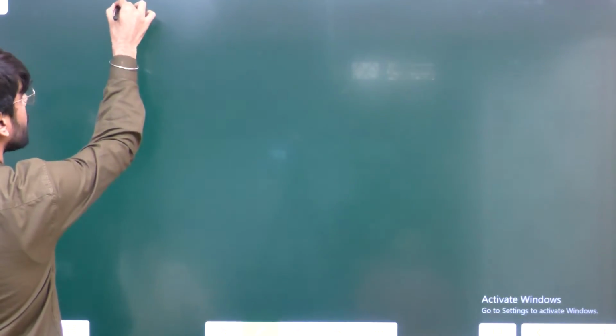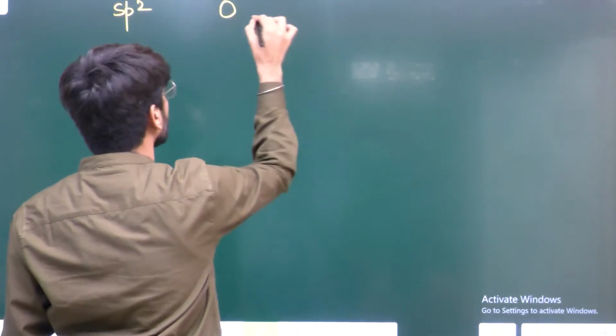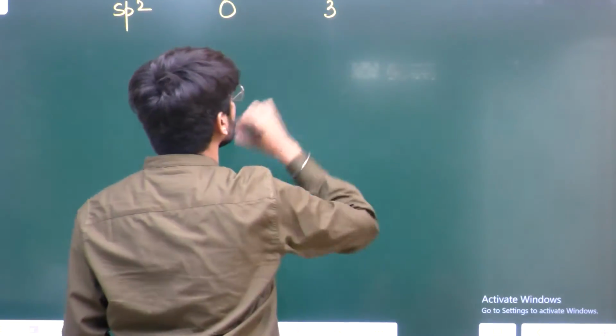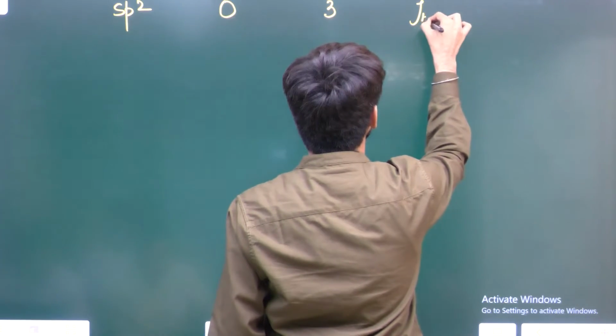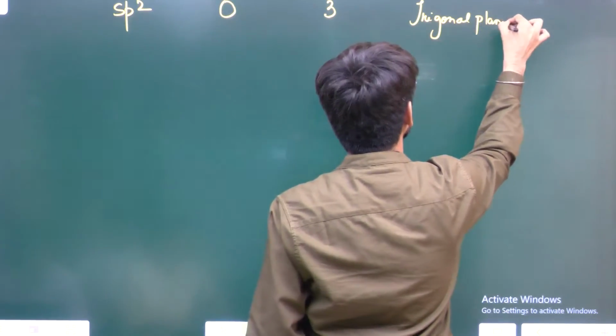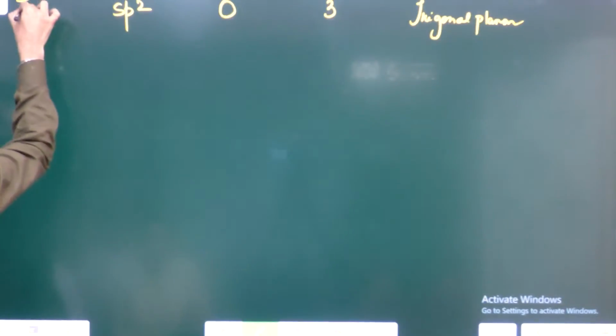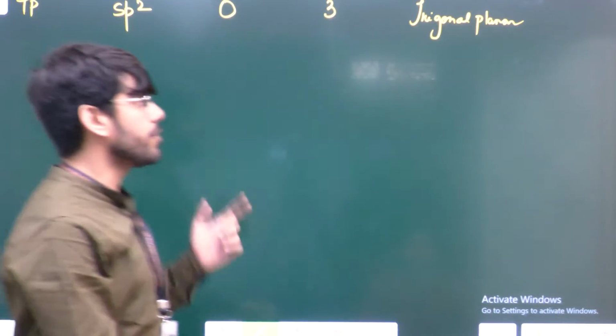Next. Now I'm not writing those headings again. Okay, उसी के नीचे आप उसी के नीचे करेंगे. Second is hybridization. I'm writing sp2, 0 lone pair, 3 bond pairs. Shape is trigonal planar. Now, since I do not have the lone pair, whatever is the shape is basically the trigonal planar geometry.